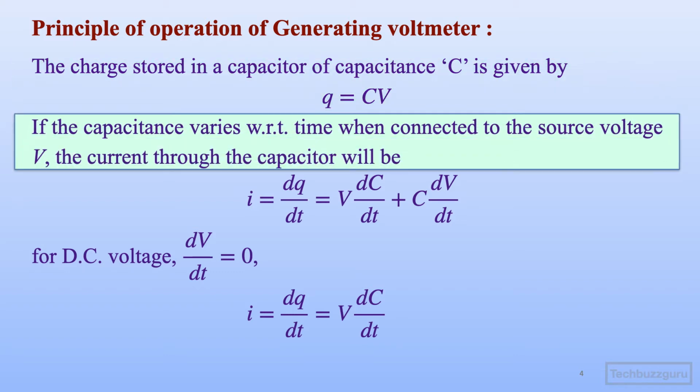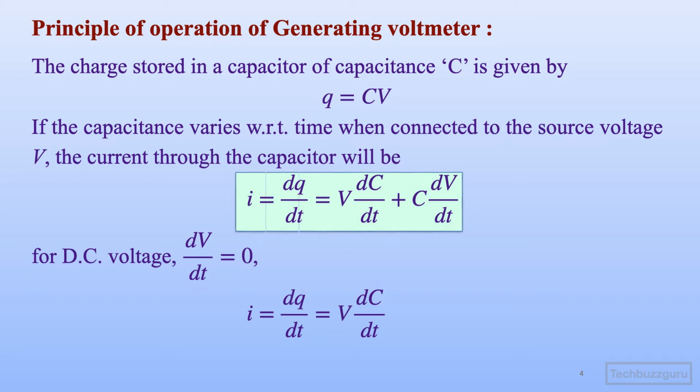If the capacitance varies with respect to time when it is connected to a voltage source, then the current through the capacitor can be evaluated as I equal to dq by dt.